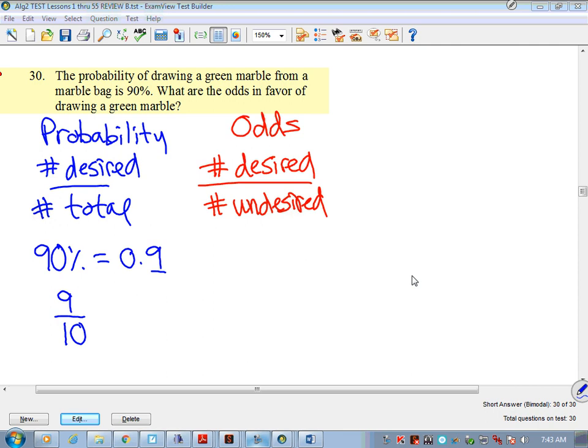If I want to change that over to odds in favor, our desired is still 9, but now we want undesired. This 10 means there are 10 total, so if 9 of them are favorable and there's 10 total, there's only one unfavorable option. So our answer is 9 over 1. You could write it as 9 to 1 or 9:1. Any one of those 3 options will work as an answer for that question.